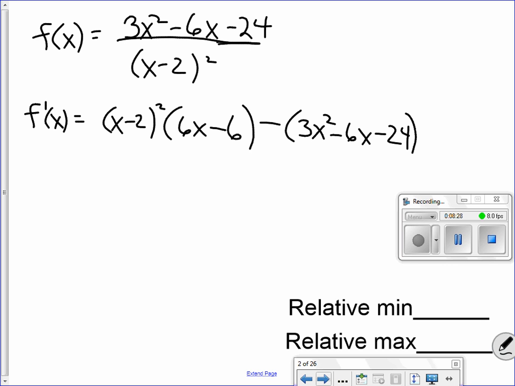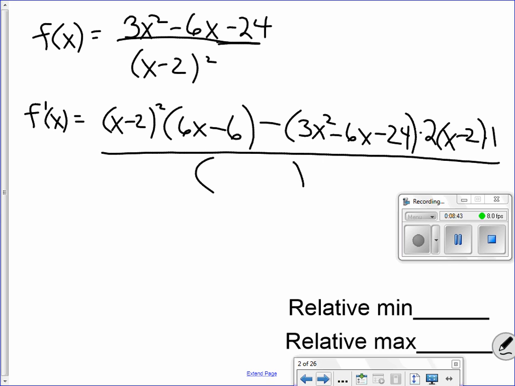Chain, chain, chain. So 2 times x minus 2. Nice. And that's it, because it's to the first, the derivative of the inside is 1. I'm not forgetting the chain rule, right? If I write a little 1 here. All over. Now, the denominator squared is x minus 2 to the 4th. Nice.